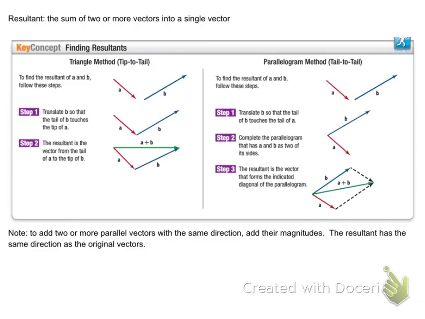And then you connect it with the green straight across, and that is A plus B. That vector is the combinedness of that. I put on the bottom there, it says, note, to add two or more parallel vectors with the same exact direction, you just add their magnitudes. That's the cool thing. The length of the line just gets bigger by the other one.